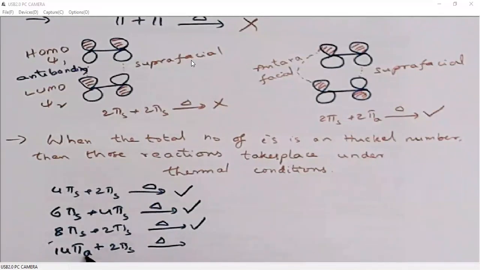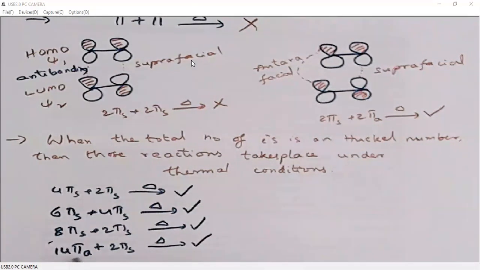But if it is 14 pi a, because 14 pi electrons means 7 carbons, when we have a minimum of 7 carbons or more, then it is possible for the orbital to rotate and involve in antarafacial bond formation. So that is why it is possible.